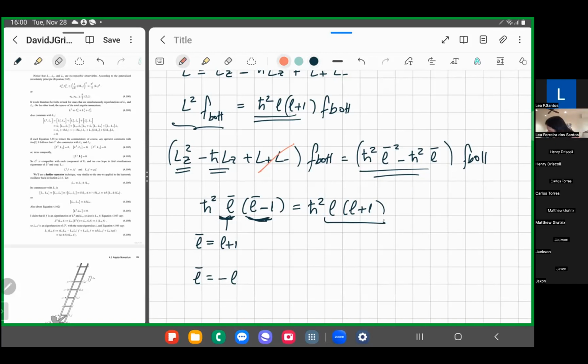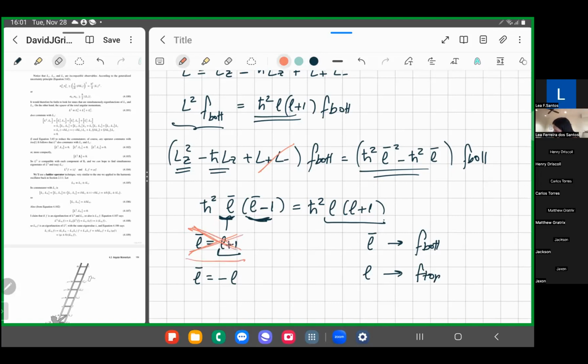But this one cannot be. I'm saying that this L bar is associated with the bottom one. So the eigenvalue for the bottom one cannot be larger. L plus 1 cannot be larger than the eigenvalue for the top one. The eigenvalue for the top one was L. Okay? So this solution here does not make sense.